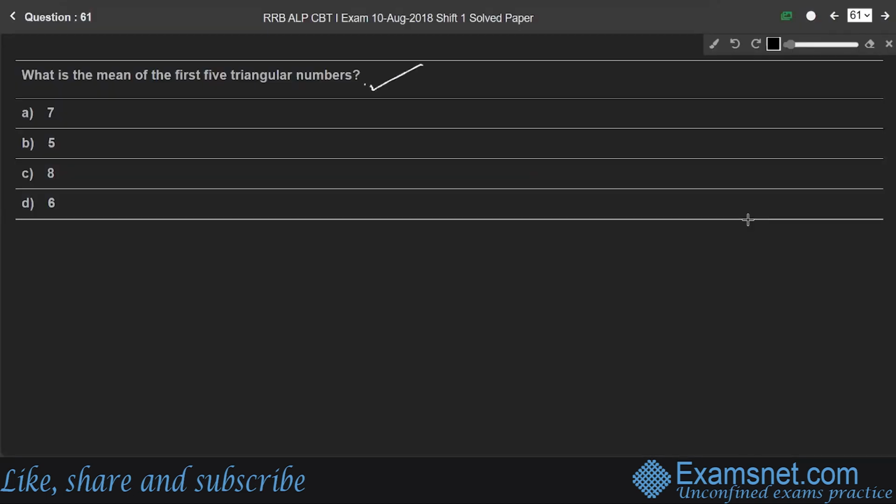Question 61. What is the mean of the first five triangular numbers? We have to find the first five triangular numbers first, then we can find their mean. The condition for triangular numbers is xn should be equal to n into n plus 1 by 2.